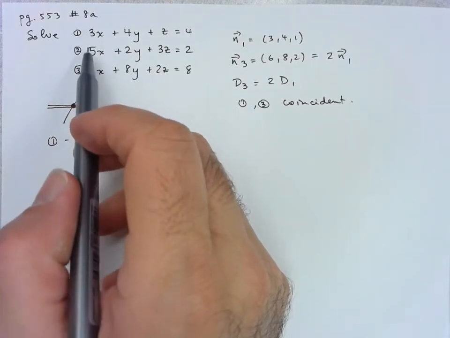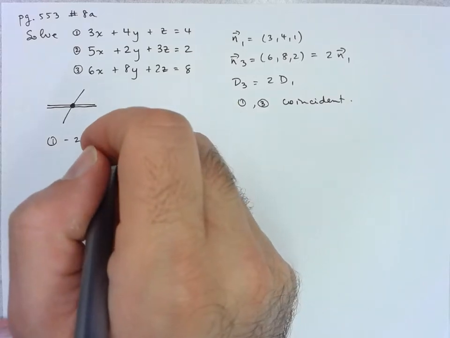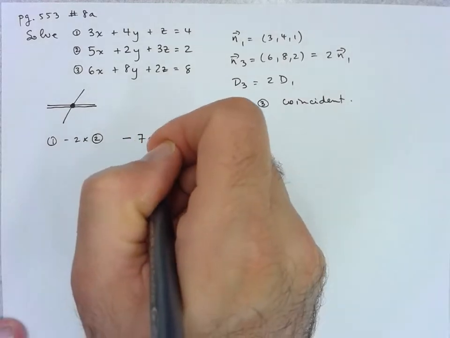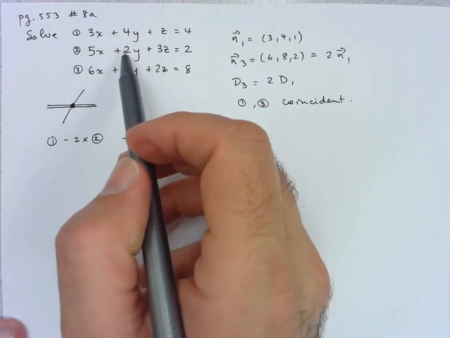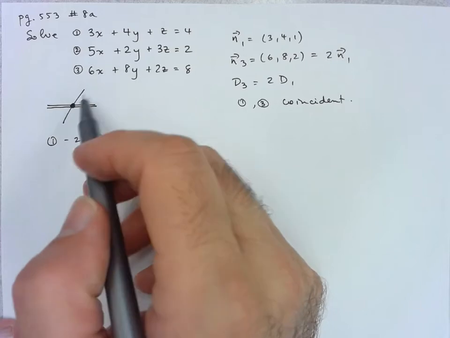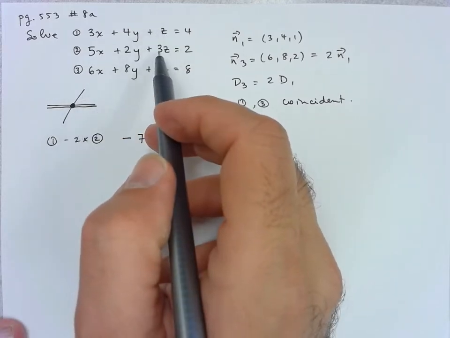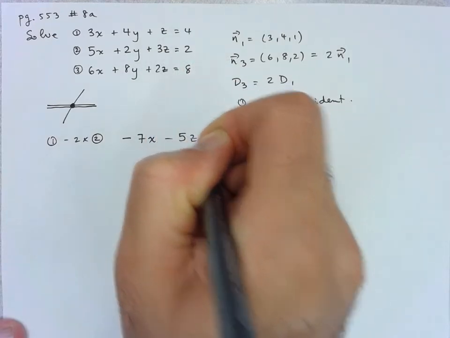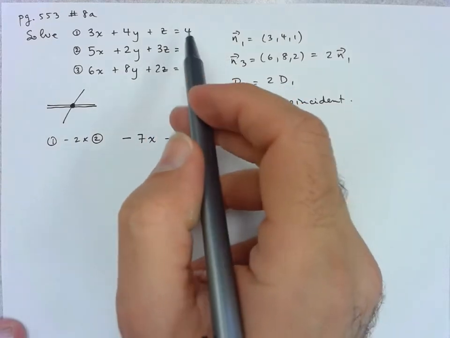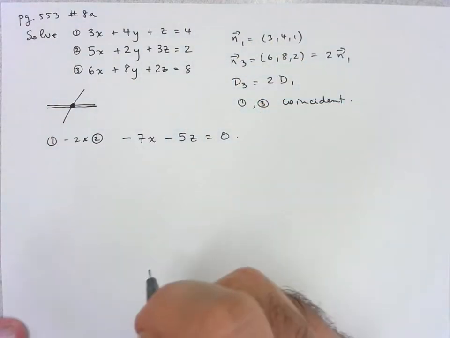We have 3 minus 10, so that's negative 7x. For y, we have 4 minus 4, so 0. Good, we eliminated the y. And for z, 1 minus 6 is negative 5, so negative 5z is equal to 4 minus 2 times 2, which is 0.